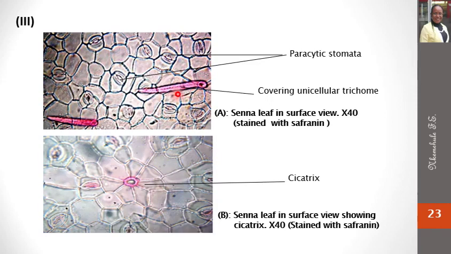However, safranin displays exceptional cellular details. Please note that when a trichome is lost, a scar remains called cicatrix. So do not confuse this to be actinocytic type of stomata.